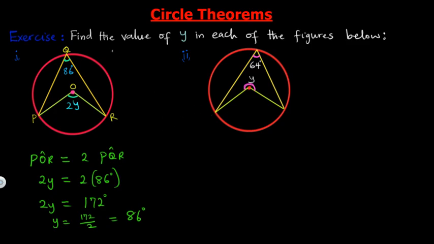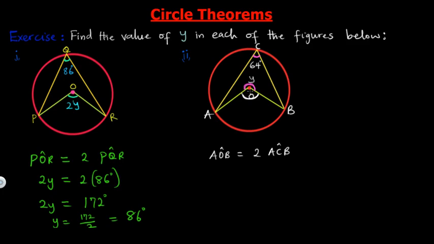If we label this part to be A, B, and this is C, and the midpoint here is O, you realize that we can use the theorem that the angle subtended by an arc at the center is twice the angle subtended by the same arc at the circumference, which means AOB is equal to 2 times ACB.